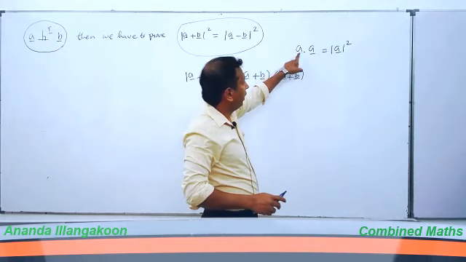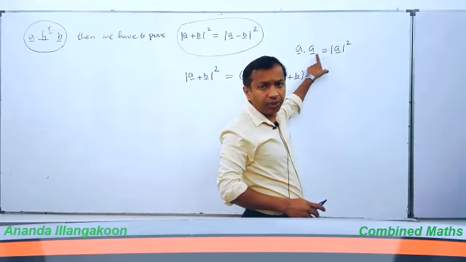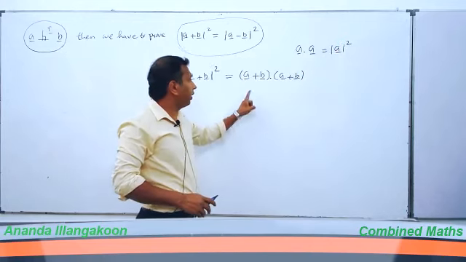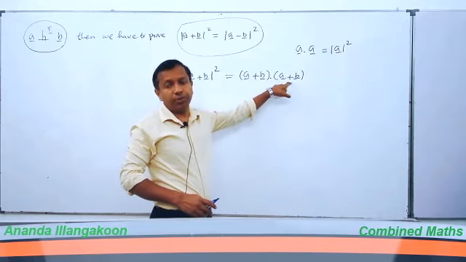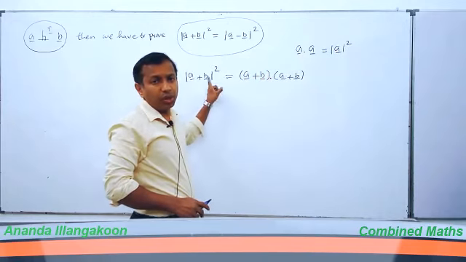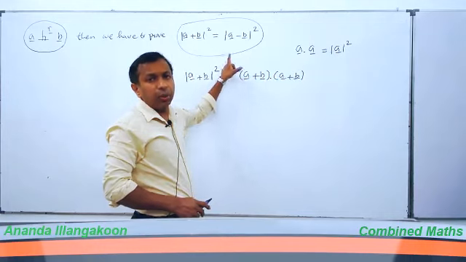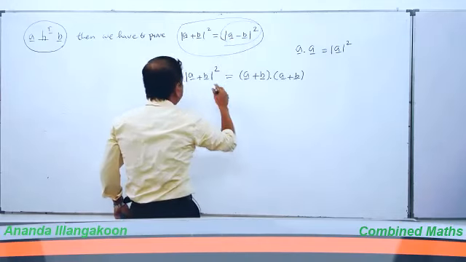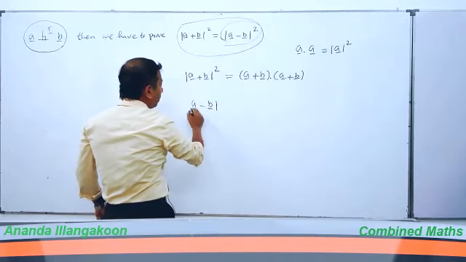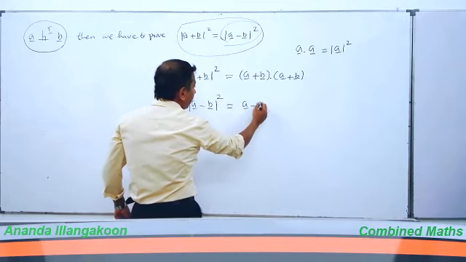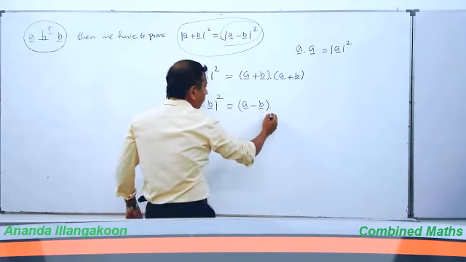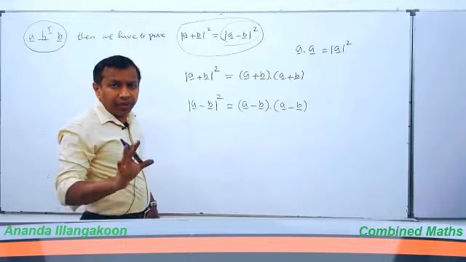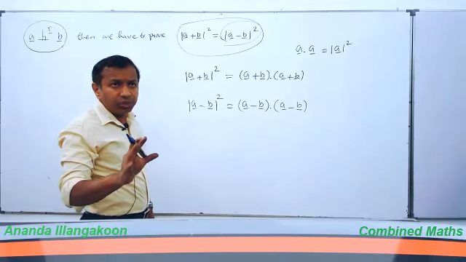Here, vector A dot vector A gives this vector modulus perfect square. Like that, A plus B dot A plus B should give A plus B modulus perfect square. Similarly, this one we can write: A minus B mod perfect square should be A minus B dot A minus B. Then, how do we work out this question?